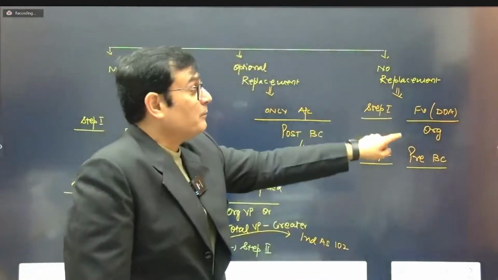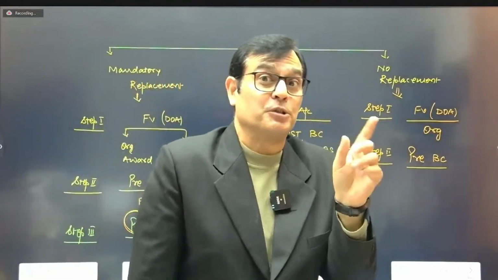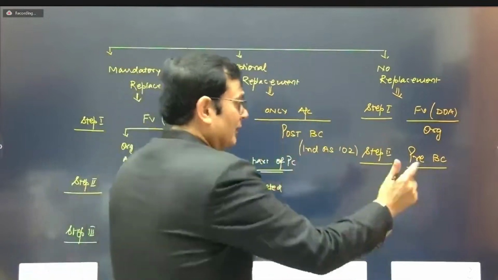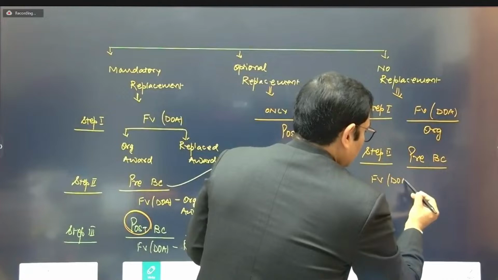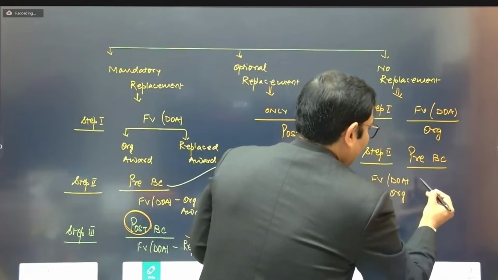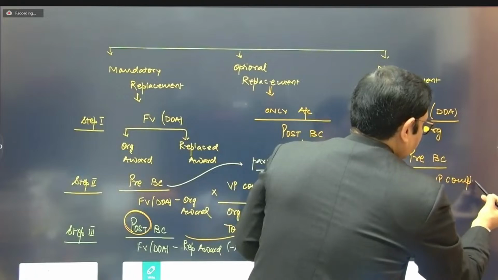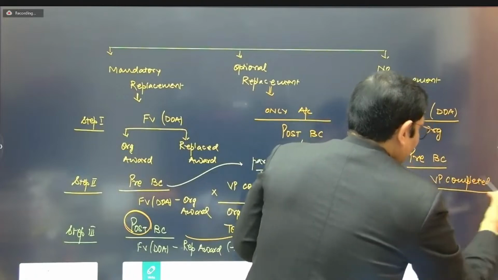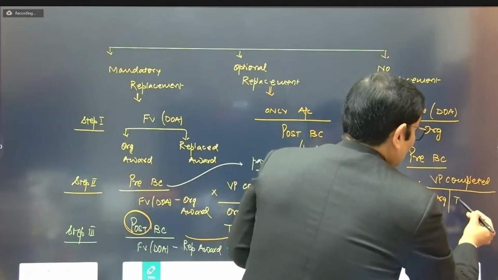If I'm not doing a replacement, I am not going to take it as a part of the purchase consideration. First, I will take the fair value on the date of acquisition for the original award, and I'll take the vesting period already completed in the numerator, the same proportion, divided by the original or the total vesting period, whichever is greater.